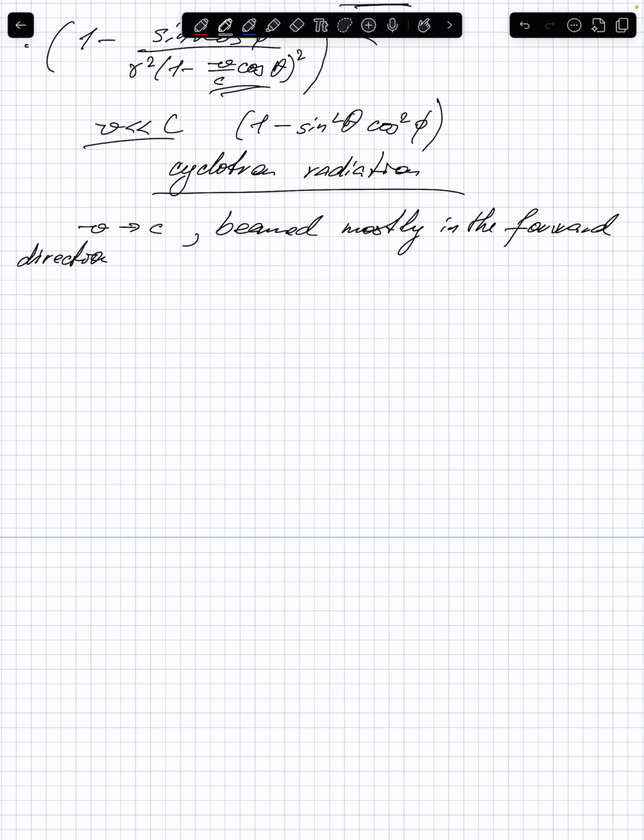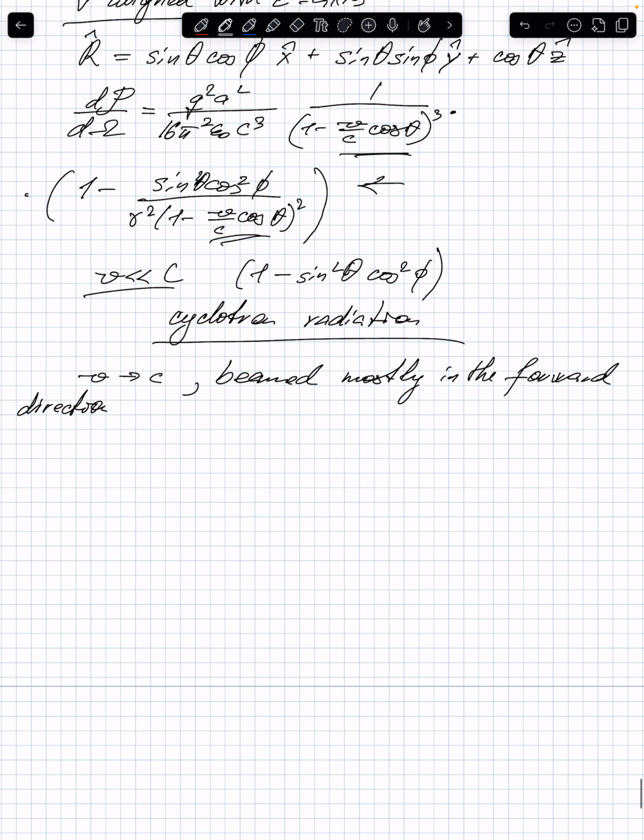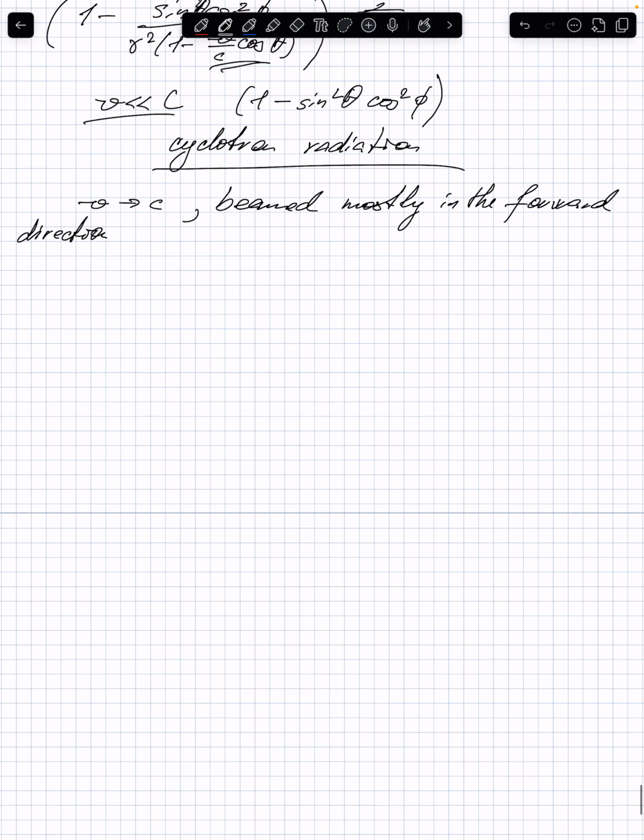So, and again, the radiation obviously will change its angular profile quite significantly because when this factor V over C is close to 1, then this denominator will become very small, and 1 over the denominator will give you a large contribution.